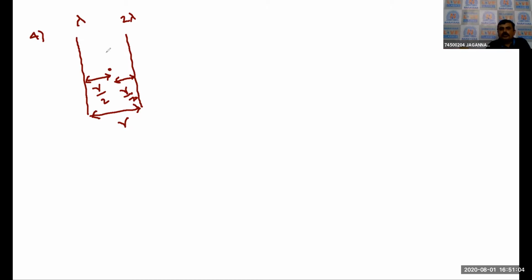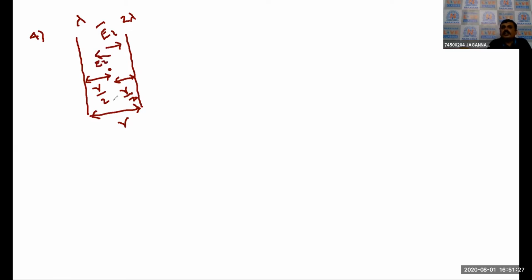The positive charge is distributed uniformly on this wire. Due to this positive charge, the electric field at this point is in this direction; let this be E1. Similarly, due to the 2 lambda, the electric field at this point is in the opposite direction; let this be E2.